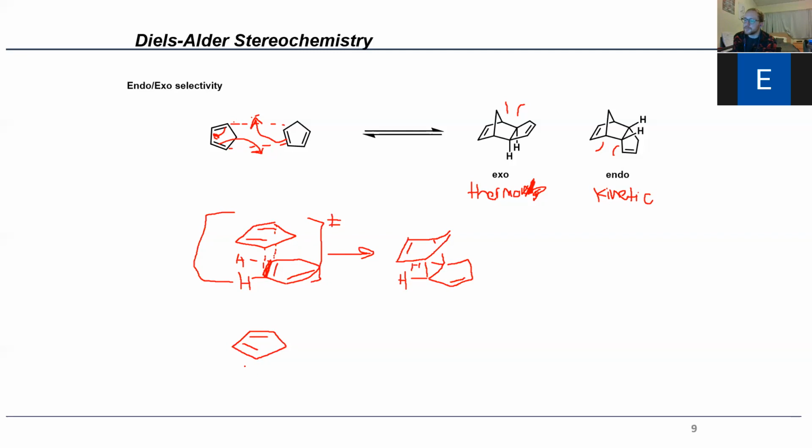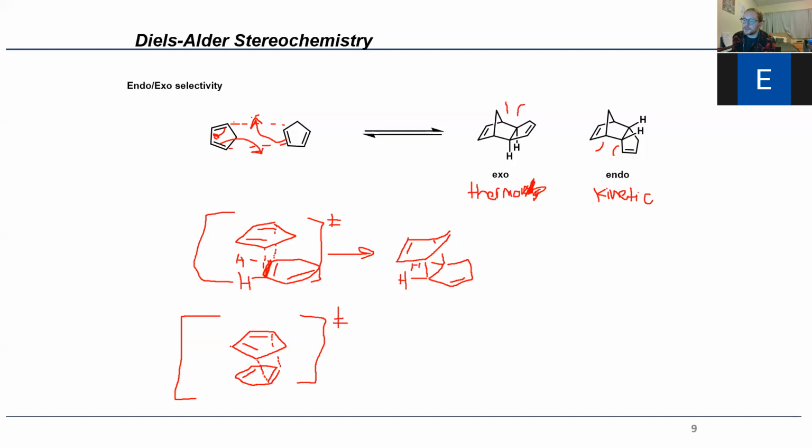And so we're thinking about the formation of these bonds still, but this transition state is actually kinetically preferred.